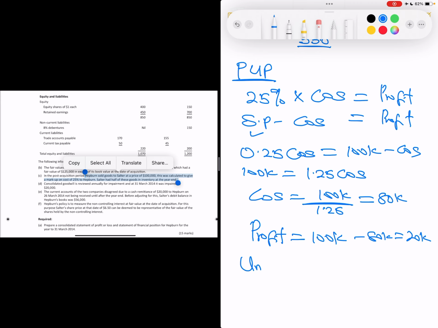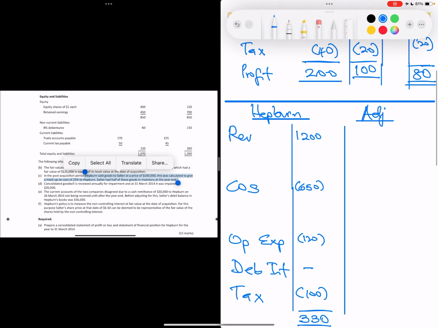So unrealized profit is 50%, because 50% of the goods has not been sold to a third party. So that equals 10K. Right, so take note of that.